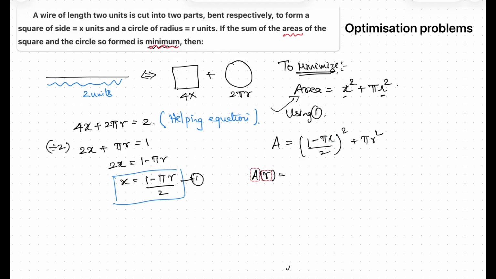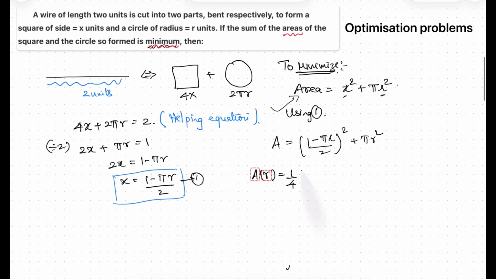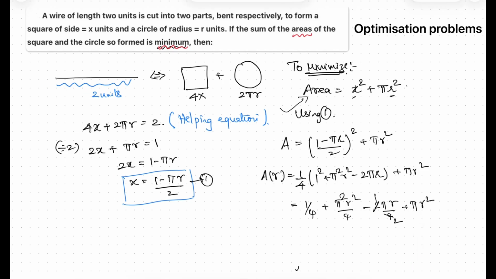Now the whole function is in terms of r, so let me expand it. It is 1 by 4 times (a squared plus b squared minus 2ab) plus pi r squared. If I multiply 1 by 4 inside, I get pi squared r squared by 4 minus 2 pi r divided by 4 plus pi r squared. Now let me differentiate this function.